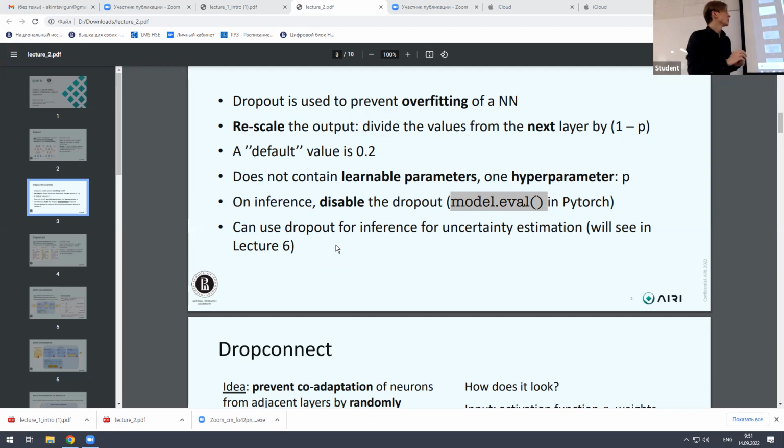And the last nice peculiarity of the dropout is that sometimes we will not disable it during inference when we want to get some uncertainty estimations.